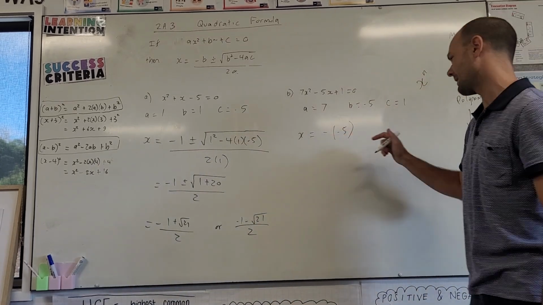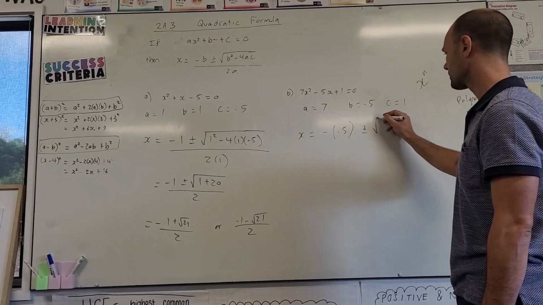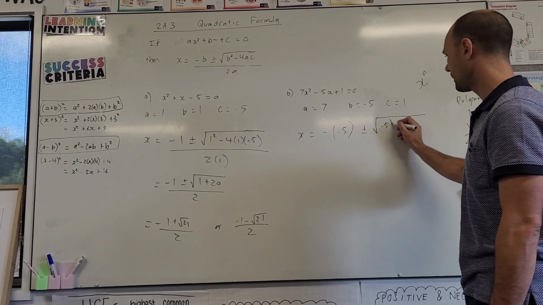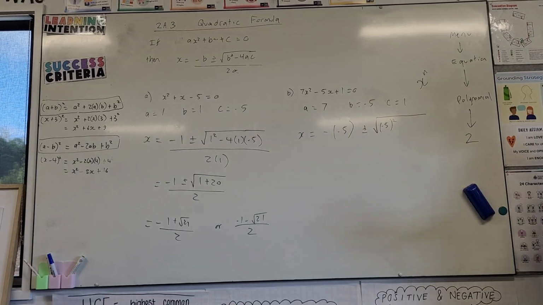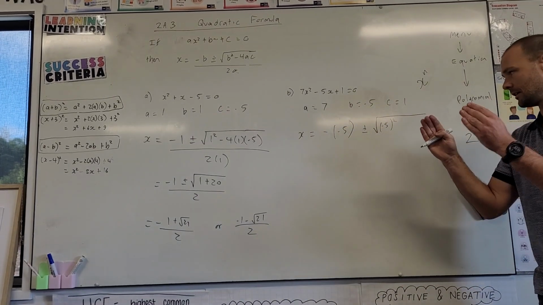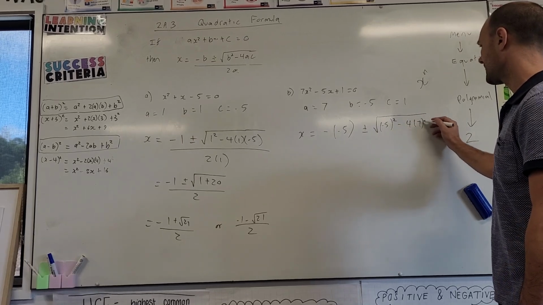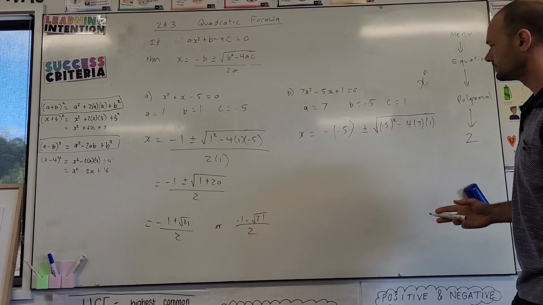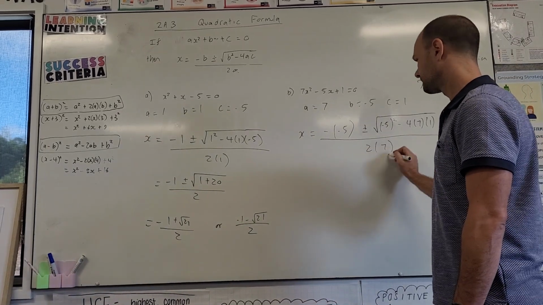So that we're going to process in a moment. Minus B plus or minus the square root of B squared. Again I'm putting B in brackets because negative 5 is in brackets and then we're squaring it. It's B squared. Take away 4 times A times C. All divided by 2 times A.